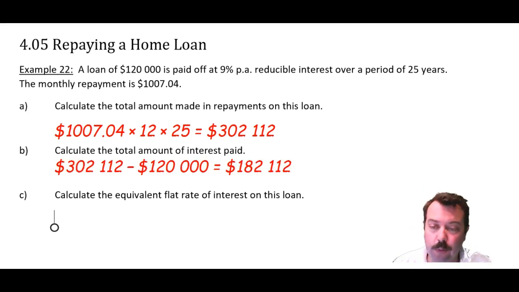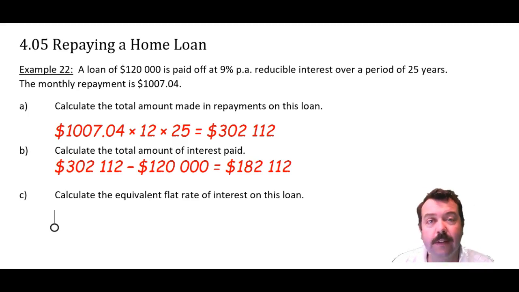So the difference between the total repayments and the amount we borrowed is the total amount of interest. It's $182,112. Now, if that looks like a large number, more than the original principal, well, that's just how it is. That's not terribly uncommon when we're talking about a loan over a period of, say, 20, 25 years.